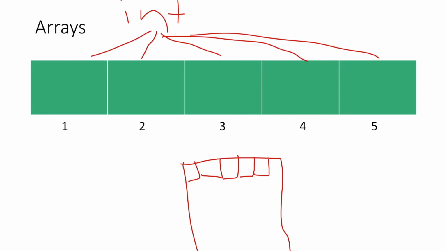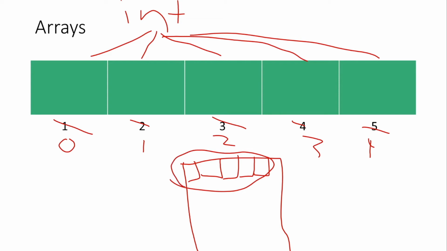So this is the first little box, second box, third box, fourth box. But wait, in coding, it does not start from 1. It starts from 0. So it's 0, 1, 2, 3, 4. So this way, they're indexed and stored right next to each other in the memory as one single unit.